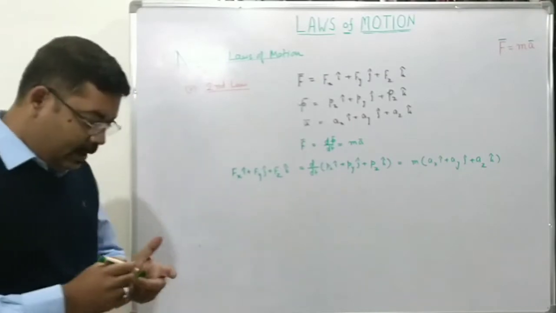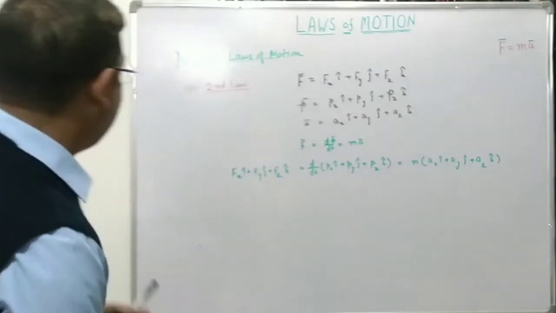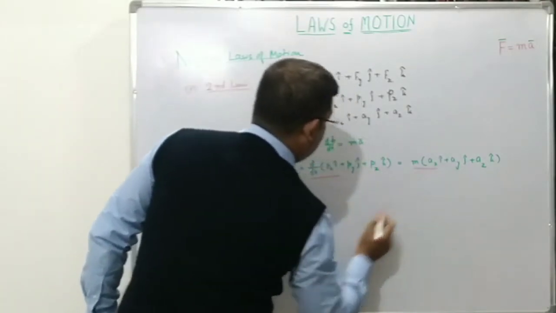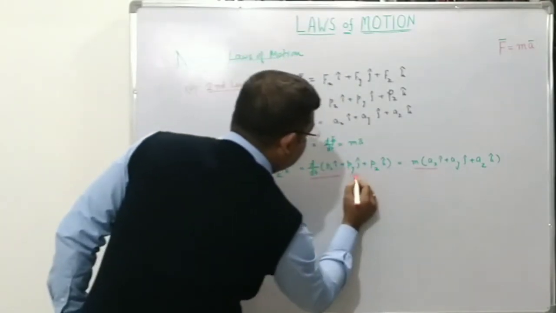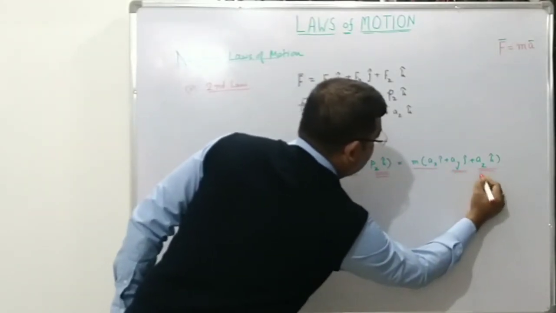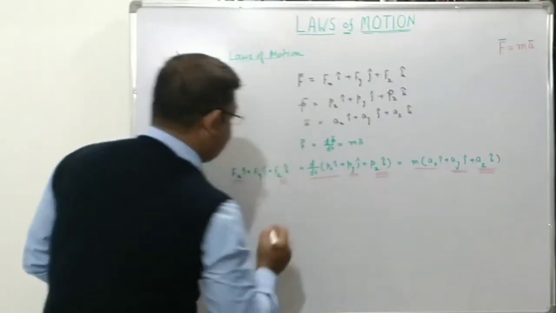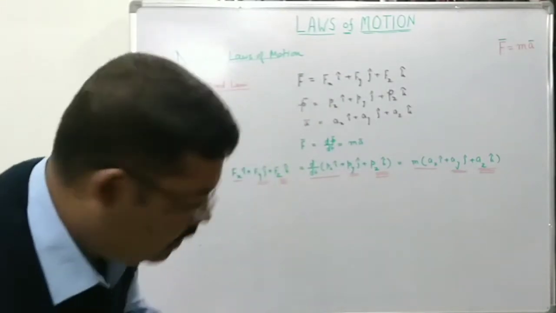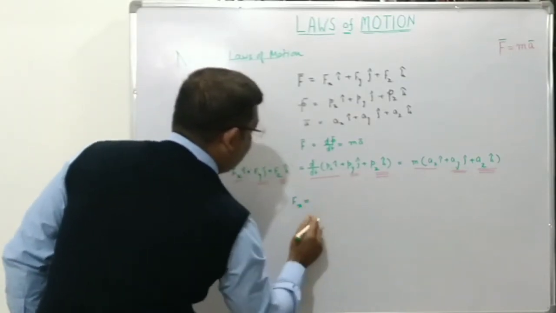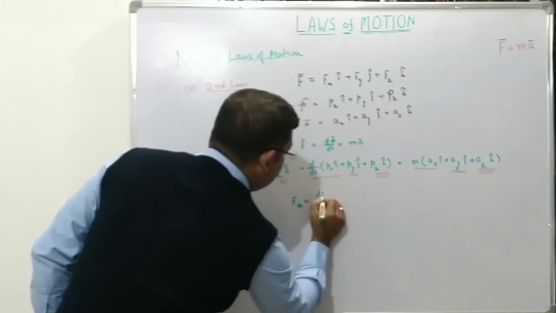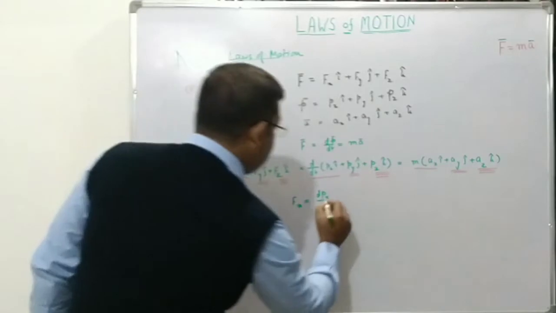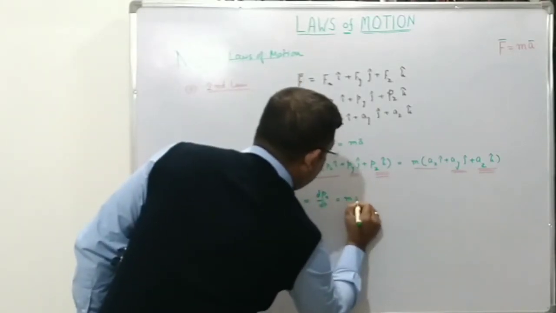So, for these to be true, we know that since these are vectors, their x components, the y components, and the z components must be equal to each other, which means that we conclude that Fx must be equal to dpx by dt, which is equal to max.